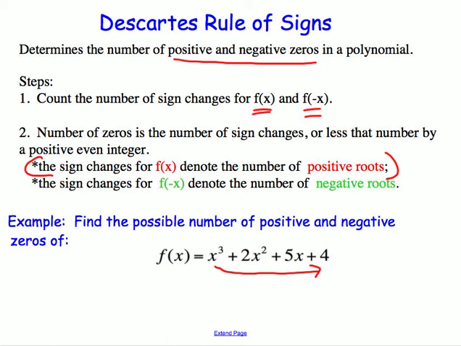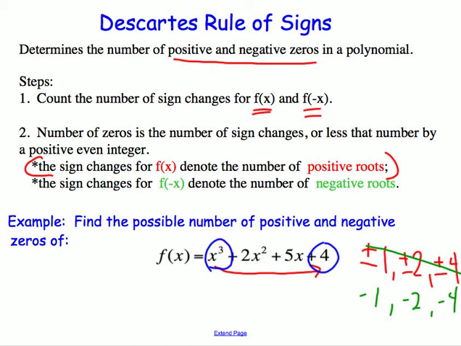When I make my list of potential roots, I usually look at the coefficients of the final and highest degree terms, so I would have made my list originally as positive or negative 1, 2, and 4. But based on Descartes' rule of signs, there are 0 positive roots, so my list has changed. Instead of positive or negative 1, 2, and 4, it's only negative 1, 2, and 4. I've essentially eliminated all positive numbers.